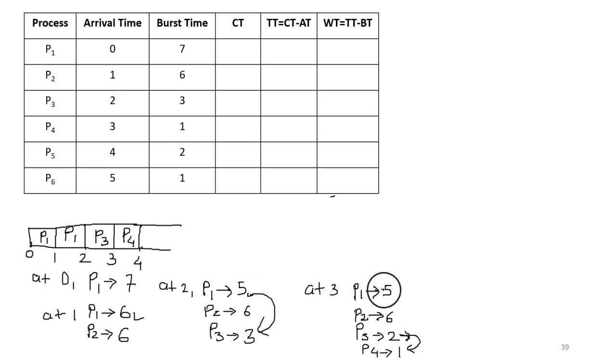After completion of process P4, that is at 4, we are having process P1 requires 5 units to complete, P2 requires 6 units to complete, P3 requires 2 units to complete, and there is a new process P5 requires 2 units to complete.